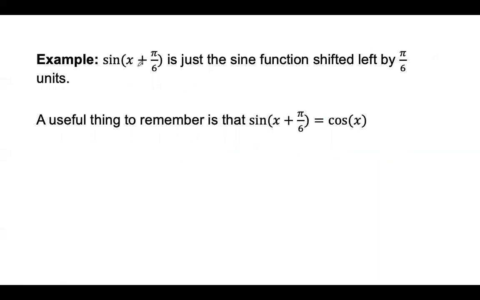So the sine of x plus pi divided by 6 is just the sine function shifted left by pi divided by 6 units. That's all it means. It's just a shift left.